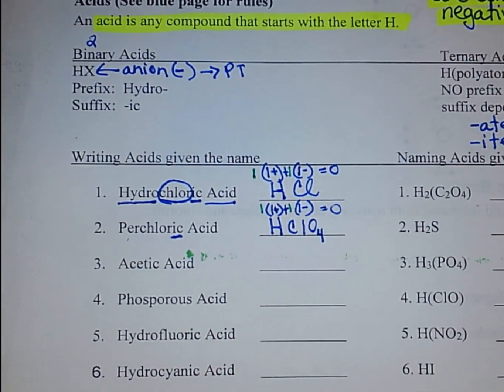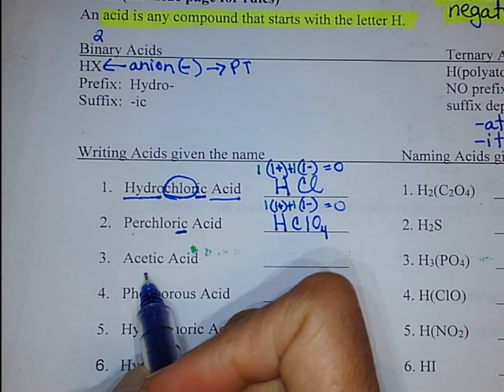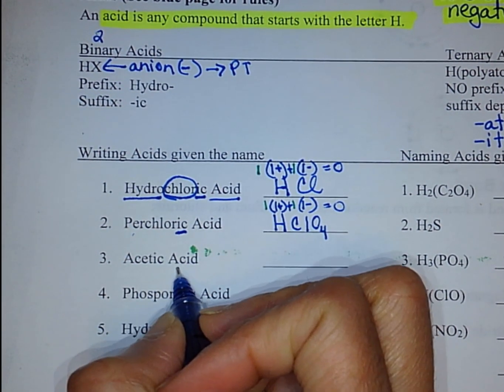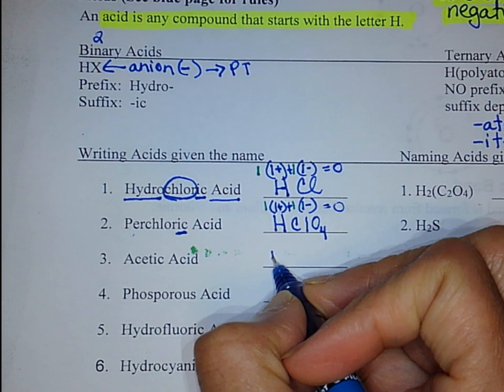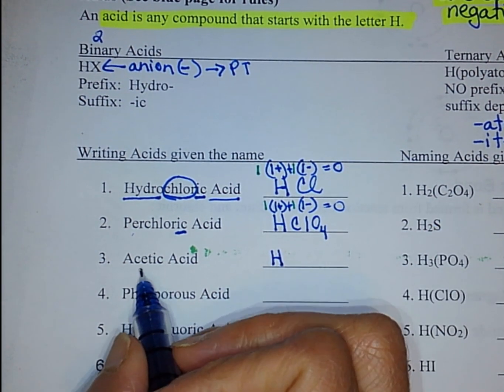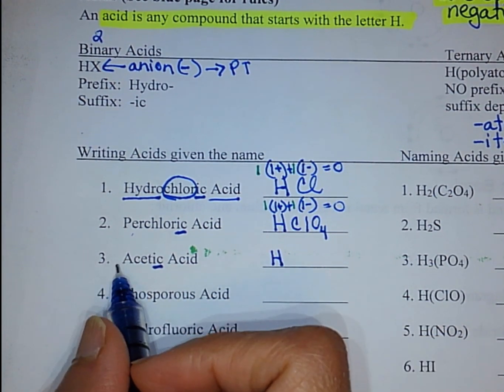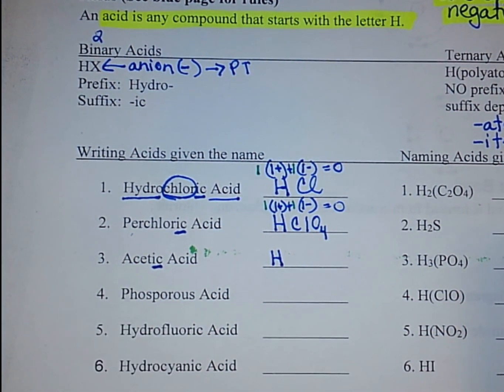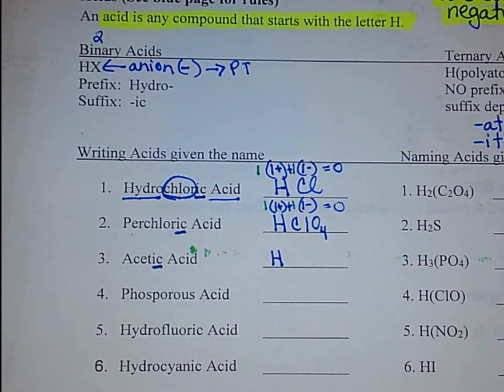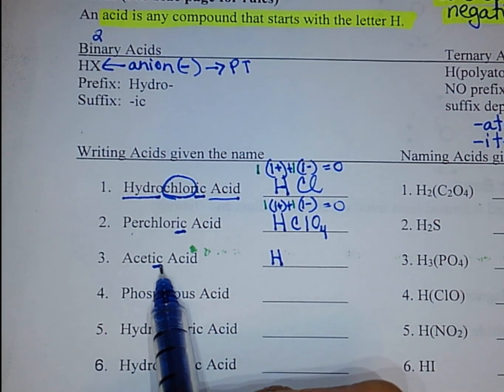Okay, so acetic acid. Again, realize the word acid is there, so we're going to put an H over here. And then acetic has an IC ending, and there's no prefix. So IC means ATE. We're going to go back to our polyatomic chart, and it's probably acetate.